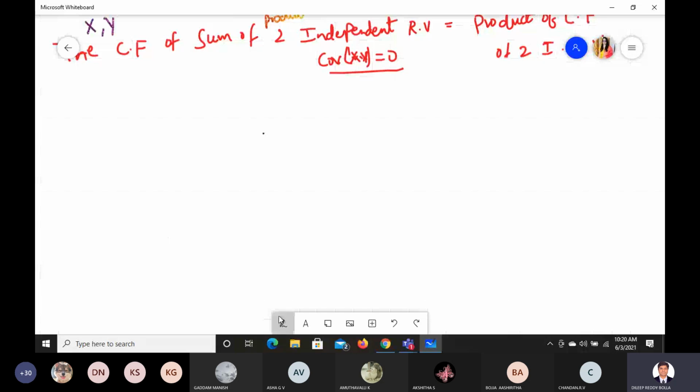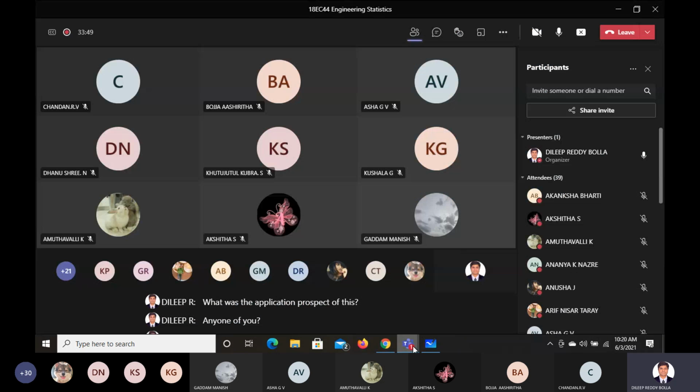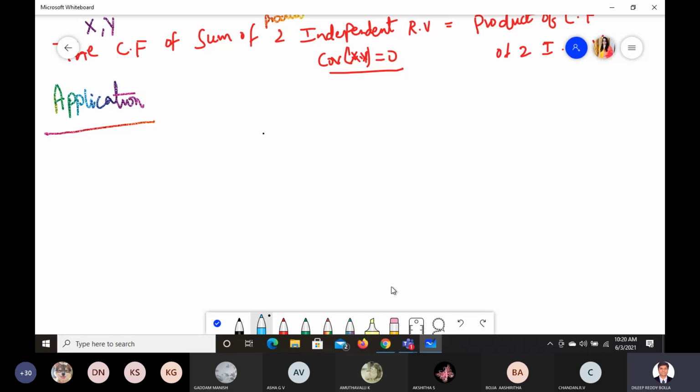And what is the application of this? I'm asking you. What is the application perspective of this? Any one of you? Anyone? Hello? You can just think and try.